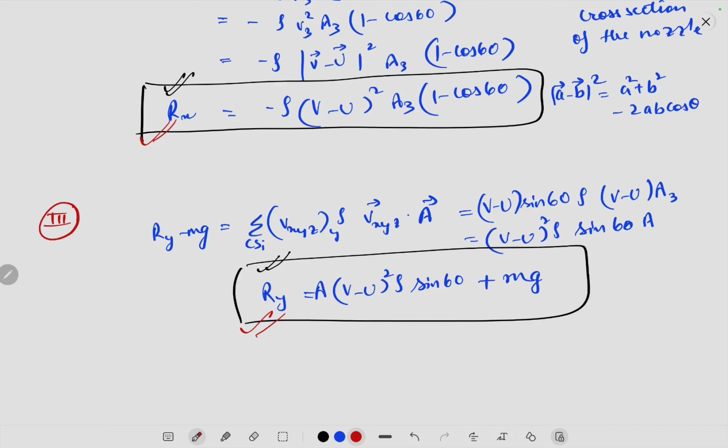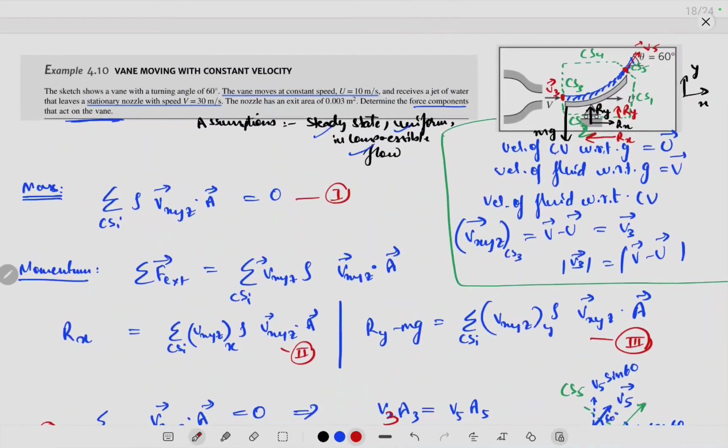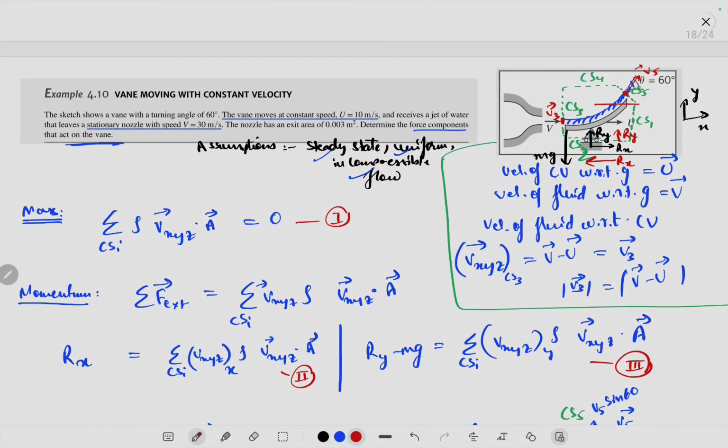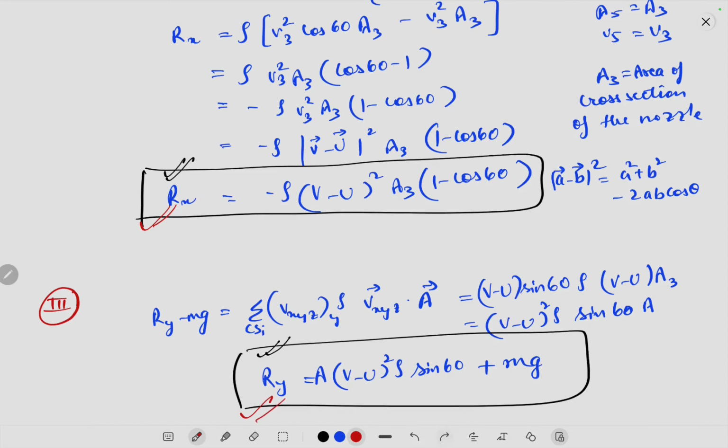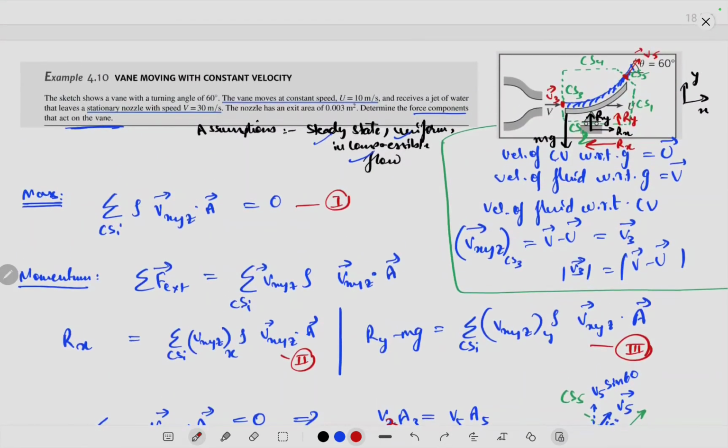Now I hope this is clear that even if your system of interest is moving with some velocity, let's say u, you can still find the force vectors using Reynolds transport theorem.